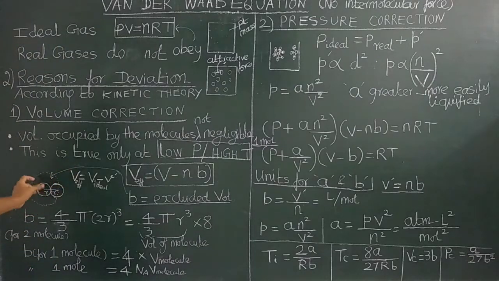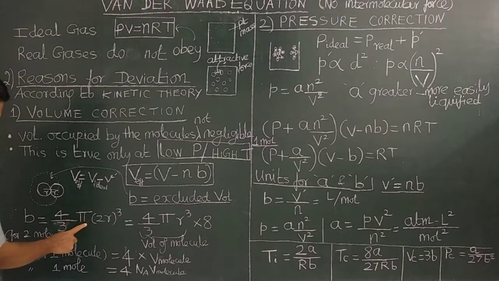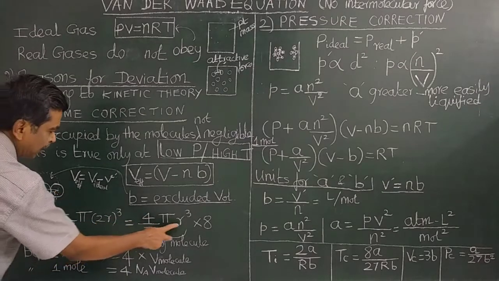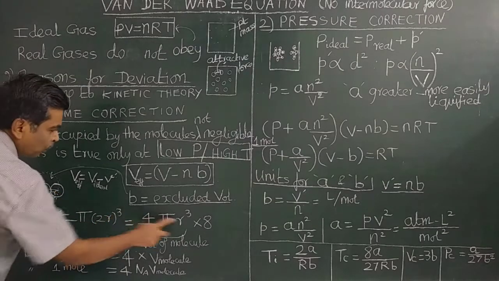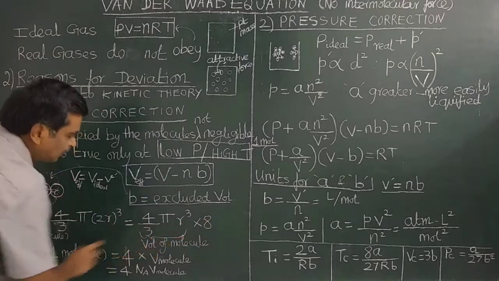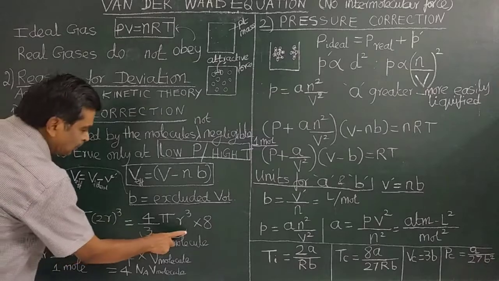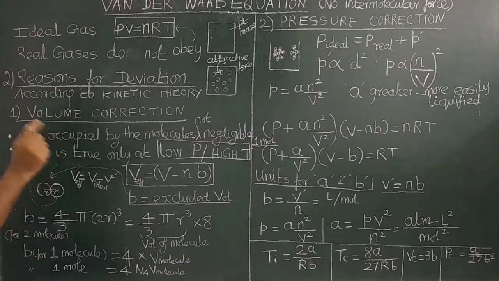The other molecules cannot come in; it is not available. This is the excluded volume. Therefore, the excluded volume equals 4/3 π(2r)³. So 4/3 πr³ times 2³, which is times 8. Here 4/3 πr³ is the actual volume of the molecule, the volume occupied by the molecule.